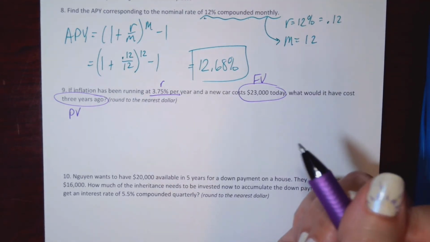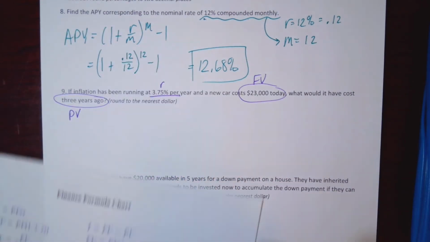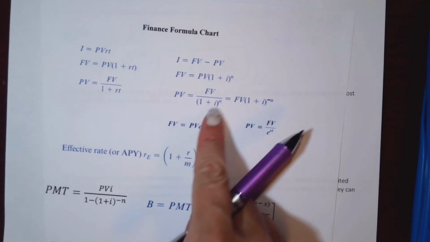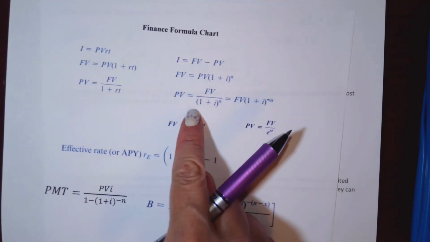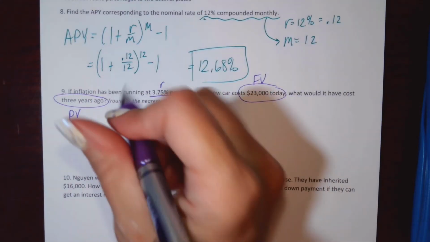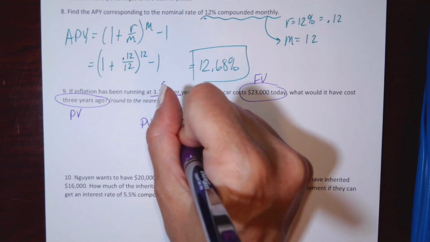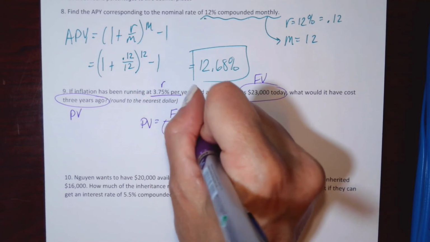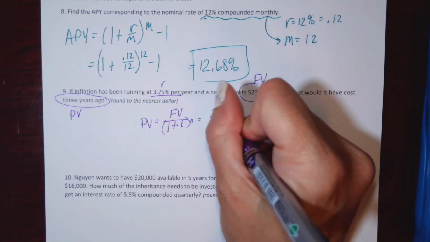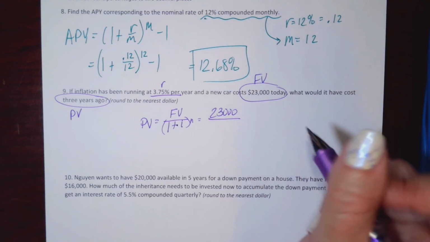All right, so let's set it up. Since we know we're solving for present value, we're going to use this formula, which is just the earlier formula rearranged for us. PV equals FV over 1 plus I to the nth power, where my future value is that 23,000, and we want to know what it started out as.